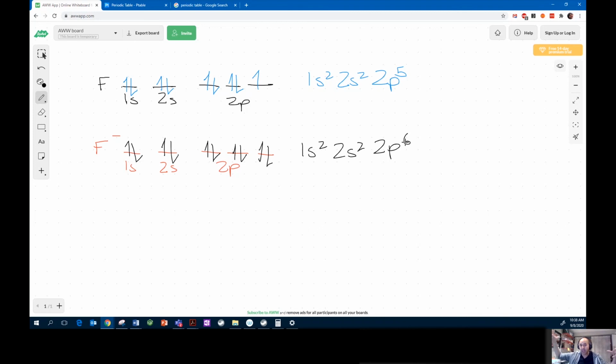So remember that the reason electrons stay with an atom is because of their attraction to the nucleus. But at some point, it just becomes too difficult. It's too hard for the nucleus to hold on to more electrons until the nucleus actually gets bigger. So basically, the idea with anions is you add electrons until the valence orbital is full, and then you stop.